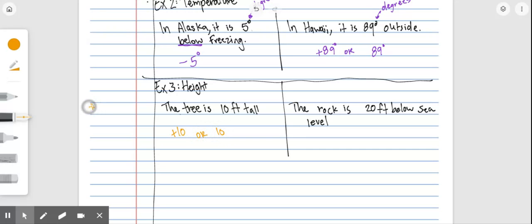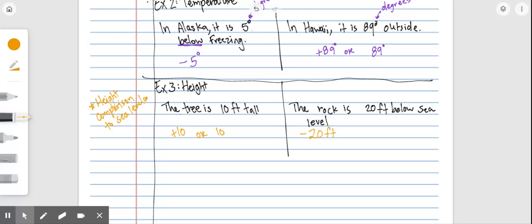I'm going to make a reminder that when you're using height, it is in comparison to sea level. If I'm at sea level, I'm at 0. So the rock is 20 feet below sea level, which means that this is negative 20 feet.